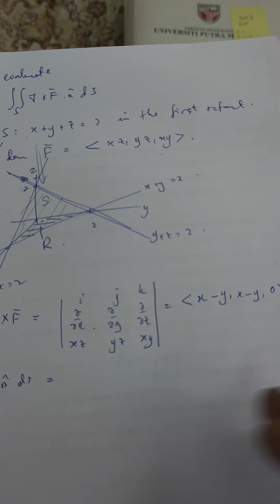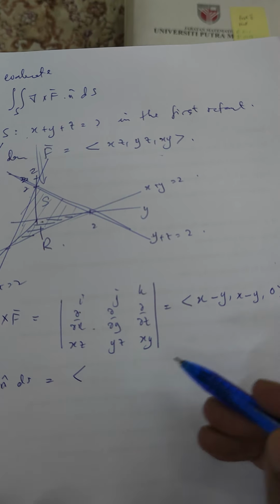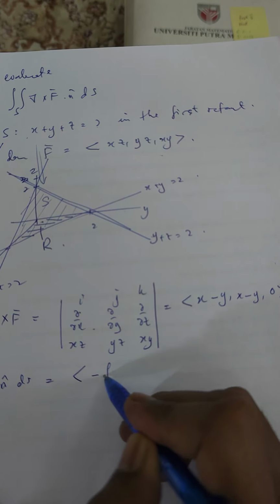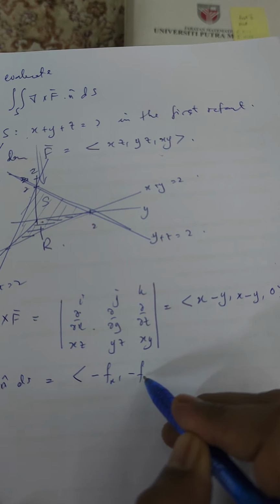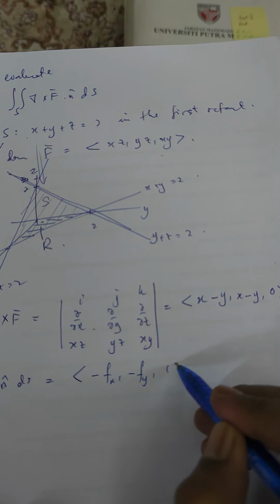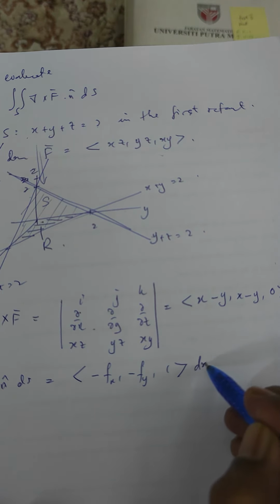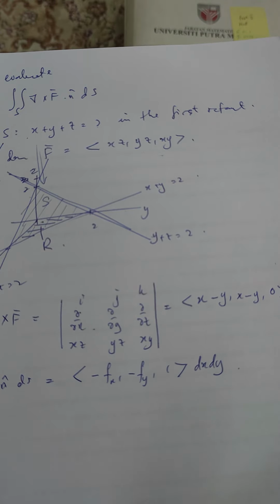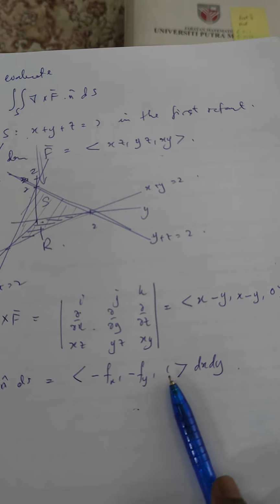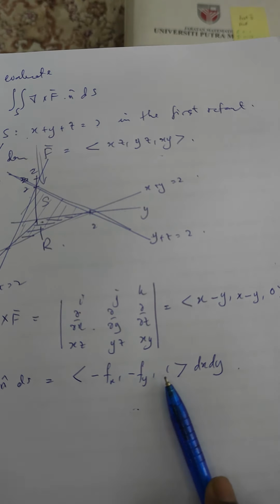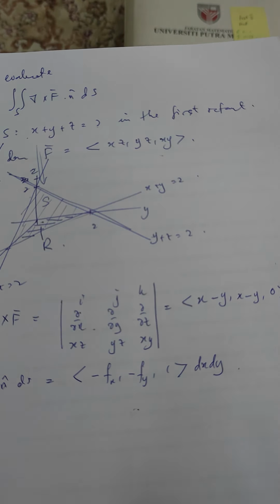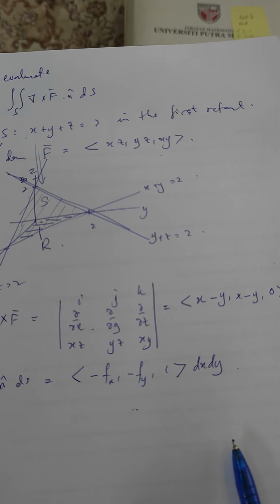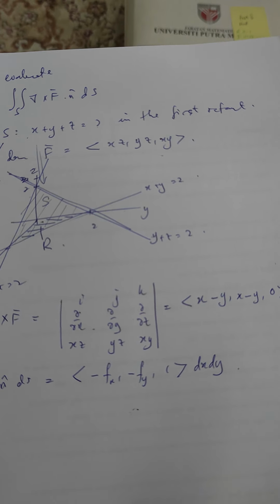Alright, and n dS, this is given as, I think I have explained to you how to get this thing, minus fx, minus fy, 1 dx dy. The reason is that we project on the xy plane, so our function z is equal to f(x, y). Basically we write z as a function of x and y, and then you can differentiate those.